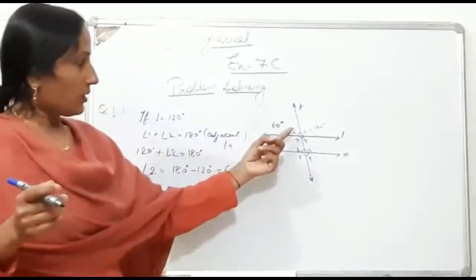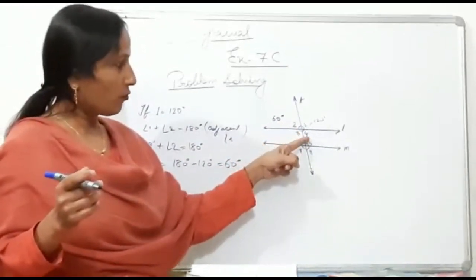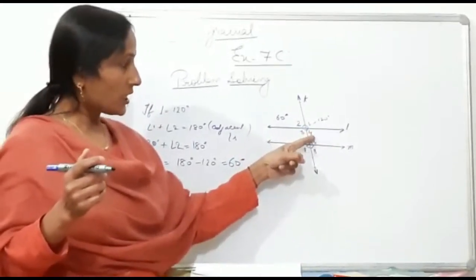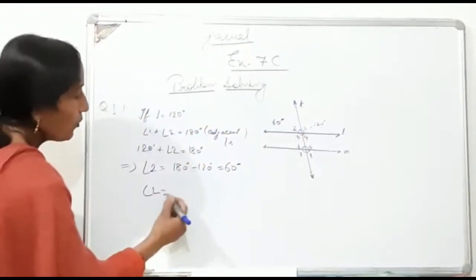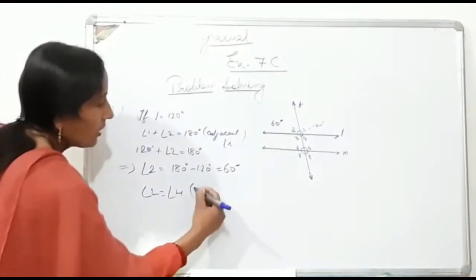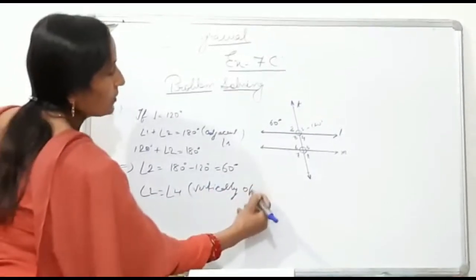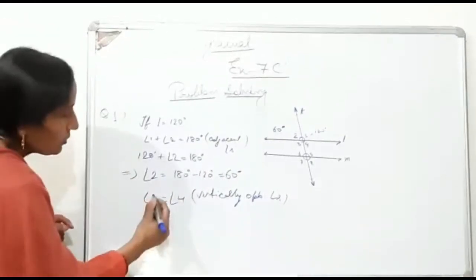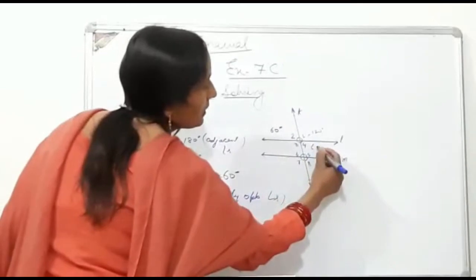Now see, angle 2 and angle 4 are vertically opposite angles. So angle 4 will be also 60 degree because angle 2 is equal to angle 4. Here you can write vertically opposite angles. So angle 2 is equal to angle 4 is equal to 60 degree.